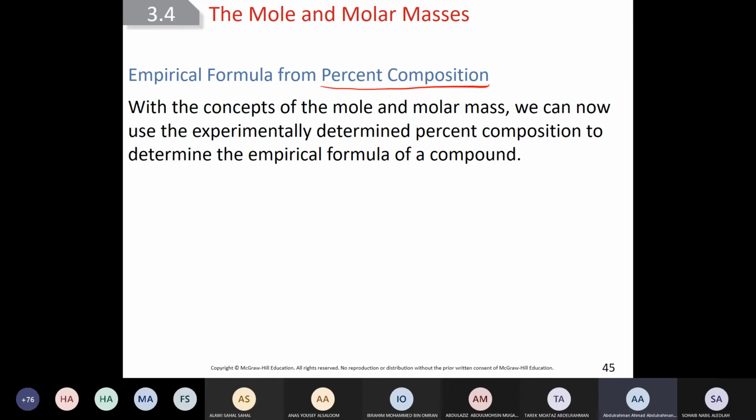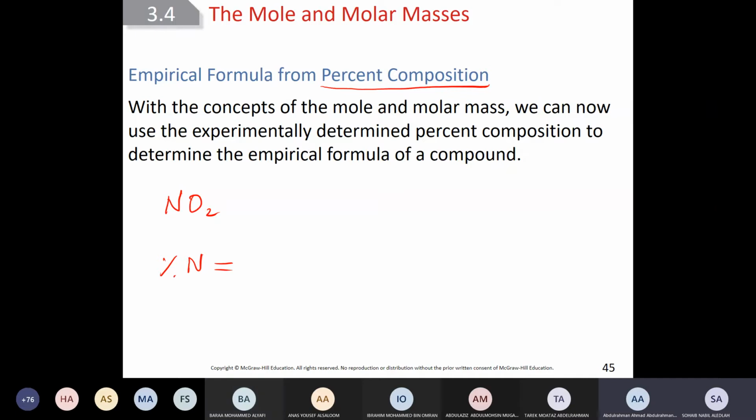The percent of every atom to the whole compound. If I have NO2 molecule, what's the percentage of N in this compound? How can I find it? 1/3? No! Percent composition by mass.